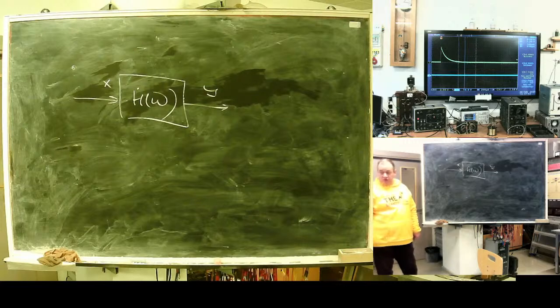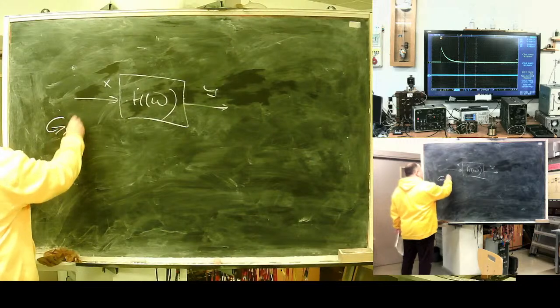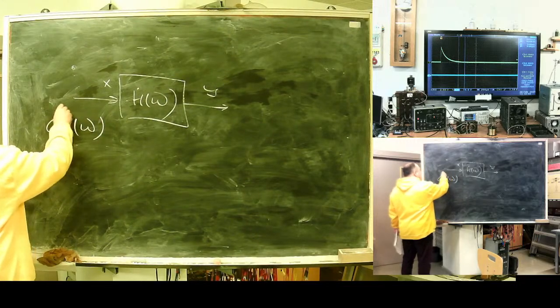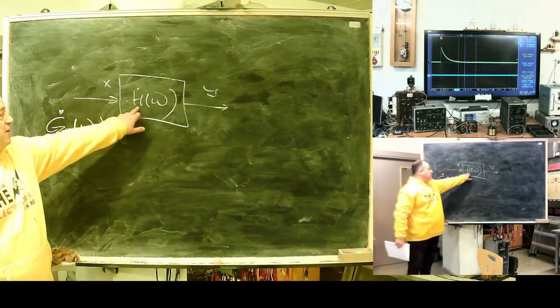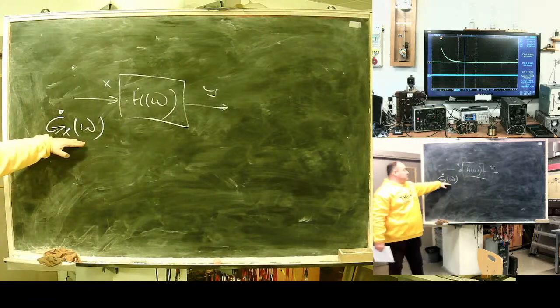Remember the first circuit? If the input is a spectral function, the transfer function asks for something being a function of frequency. If the input is a function of frequency, it's okay.